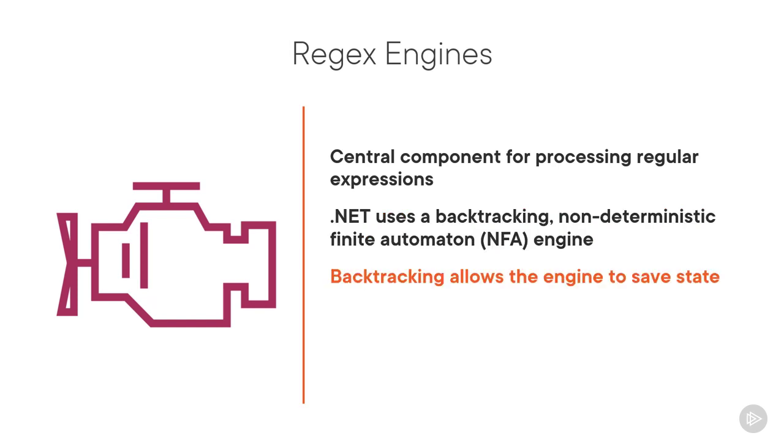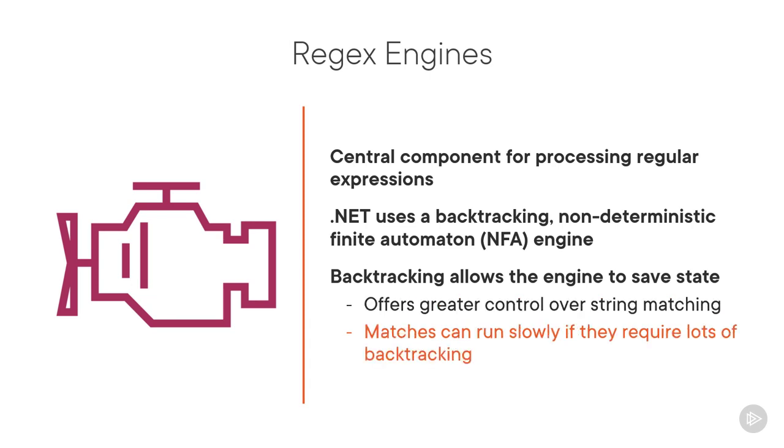Backtracking support allows the engine to save state as it attempts to match text, returning to previous state to attempt additional matches when necessary. The .NET regex engine offers greater control over string matching, but a potential cost of this flexibility is that matches can run more slowly if the pattern is complex and requires lots of backtracking.